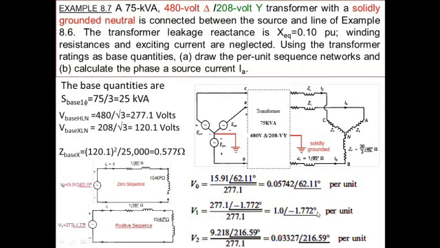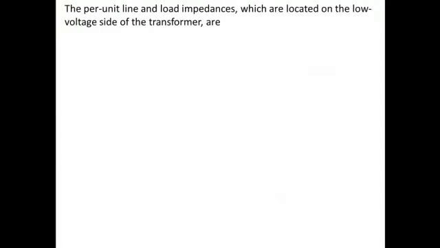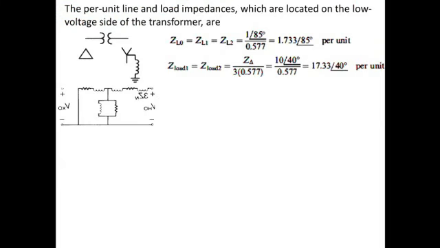And similarly for V2, the negative sequence, this value we already divided by the base value to change it to the per unit value. And similarly for the line, the zero, positive, or negative impedance, all is the same, 1/85, and dividing it by the base value, we change it into the per unit value.